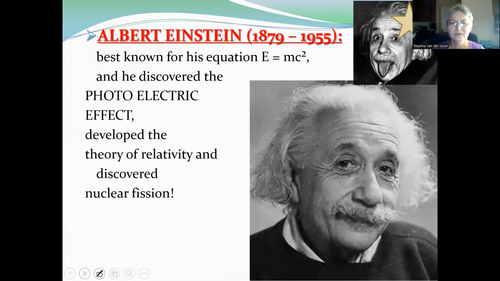He discovered the photoelectric effect, which is about light emitting electrons from substances, and it's the basic principle on which solar cells work. He also developed the theory of relativity, and he discovered nuclear fission.